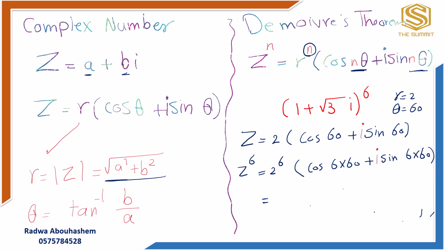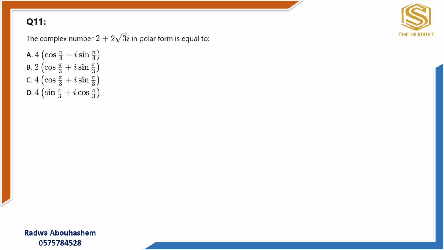So the cosine of 360 is 1, and the sine of 360 is 0. So 1 plus 0 gives me 1. So it's 2 power 6. Now 2 power 6 is 64. So my answer is 64. So that's how you convert from the complex number to the polar form and how you apply De Moivre's theorem. Now let's practice.